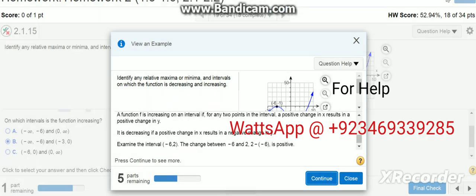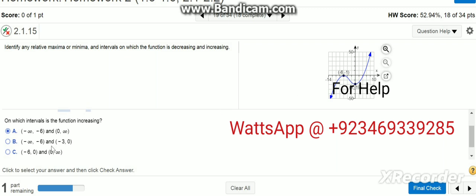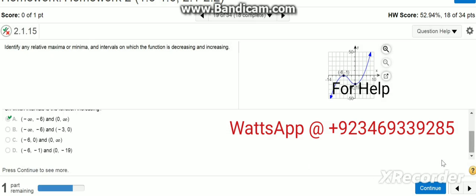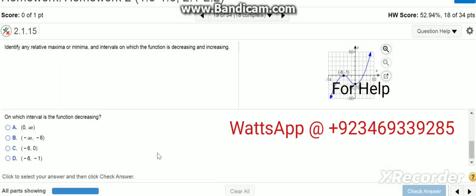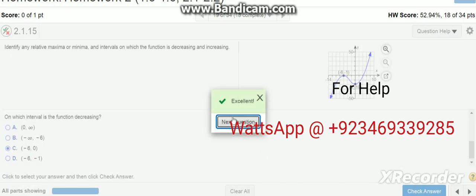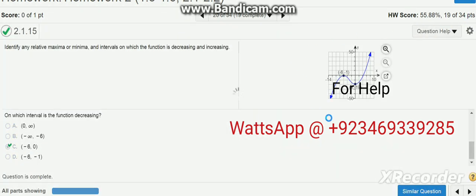So let's go to the view and example. It's increasing from minus infinity to minus 6 and 0 to plus infinity. Good job. So continue to see more. The function is decreasing from minus 6 to 0. In this, the function is decreasing. Excellent, thank you.